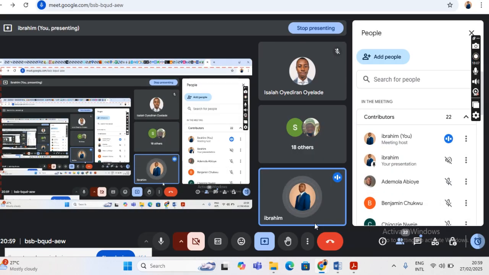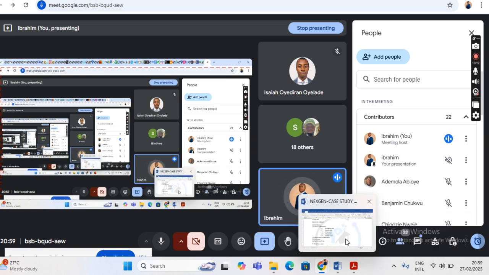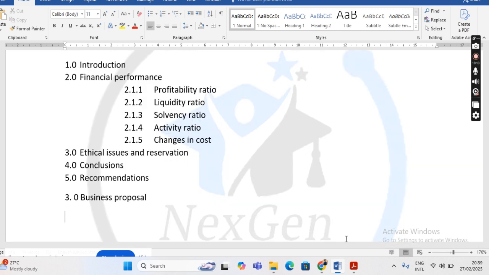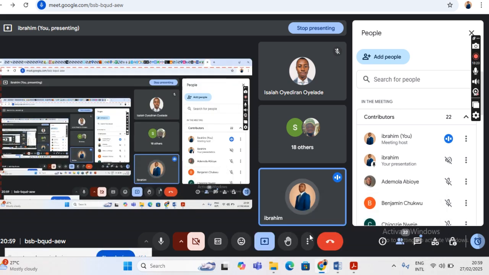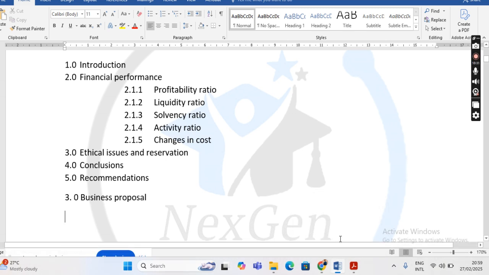Those two forecasts will come under the business proposal because you need to justify the two. The first one you can call proposal one or forecast one, the second one is forecast two, right? You can say business proposal one, so this will be 3.1.